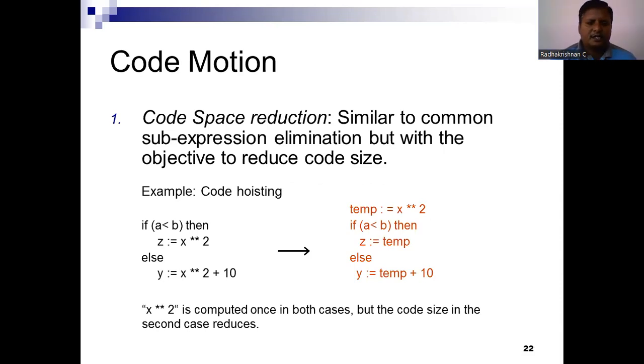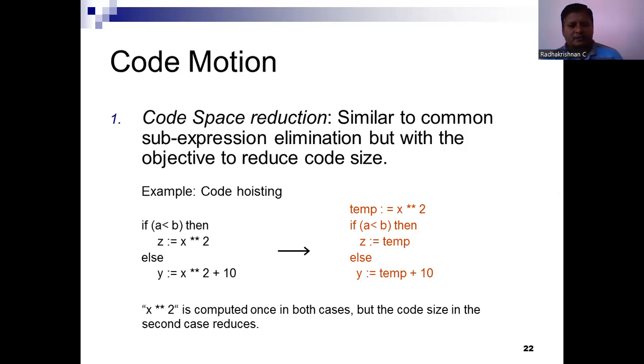For example, if A less than B, then Z equal to X squared, else Y is equal to X squared plus 10. Whether the condition is true or false, the X squared value will be computed. So that code will be moved before the condition.